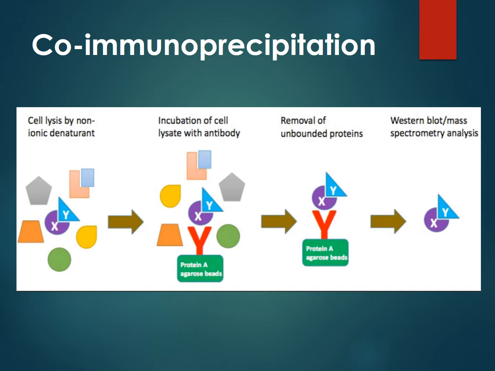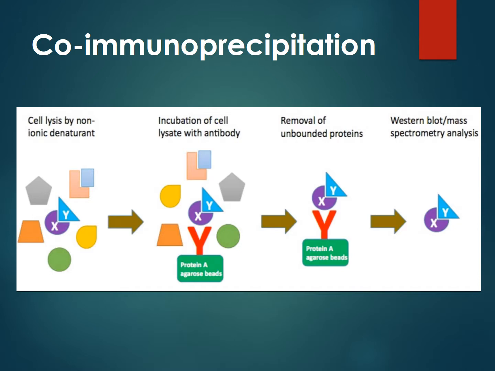You use centrifugal force, and you bring this into a pellet. So this whole complex pellets. These are not dense enough to pellet, so they're in the supernatant, and you wash this three or four times tenderly, no SDS. You maintain the native interaction.